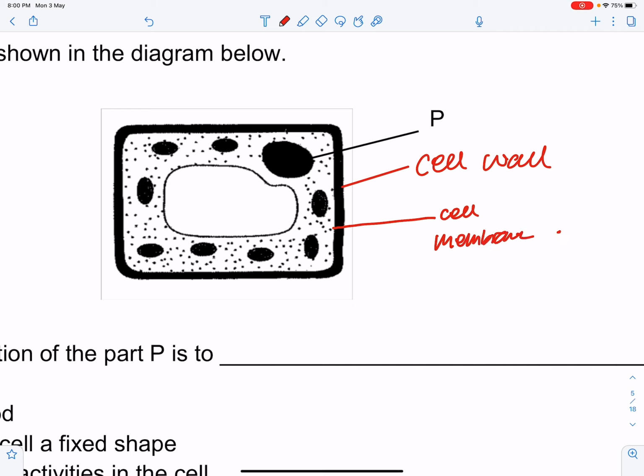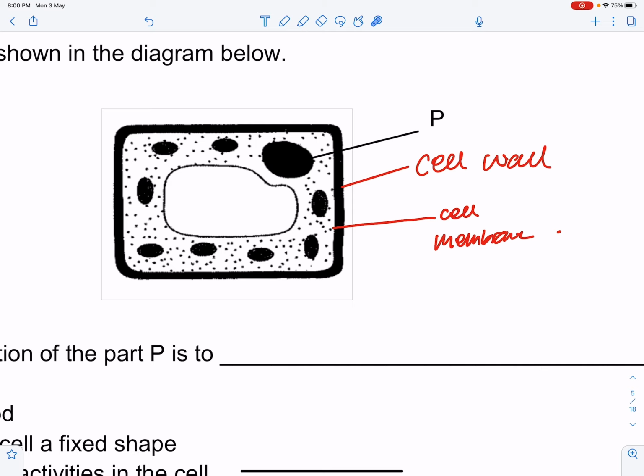Can we backtrack a bit? Your cell wall, let me start again. Basically, it helps to prevent any injury to your plant and gives your plant cell a regular shape. Once again, your cell wall prevents injury to your plant cell and at the same time gives your cell a regular fixed shape.